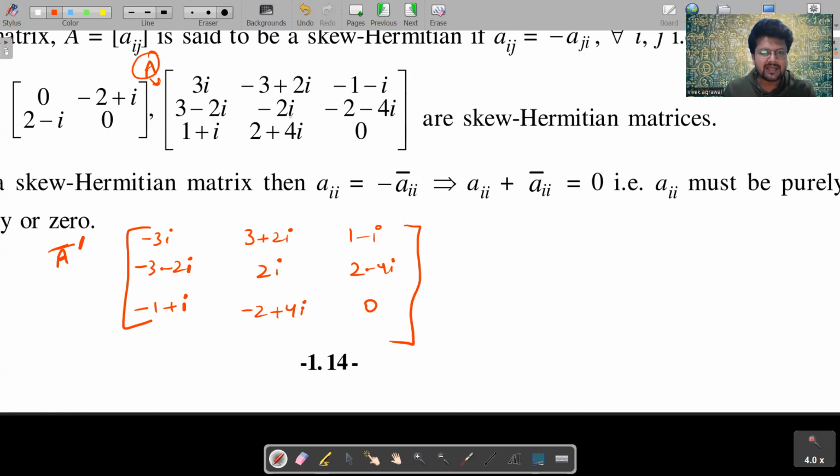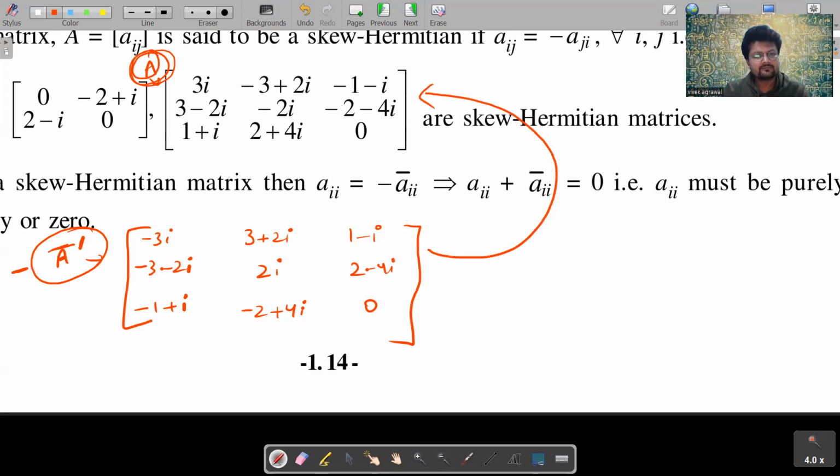Now, if we match this original matrix and A bar dash, you can see every element is multiplied with the negative sign. If I multiply this matrix with the negative sign, you will get the original matrix itself. So A is nothing but the negative of A bar dash.